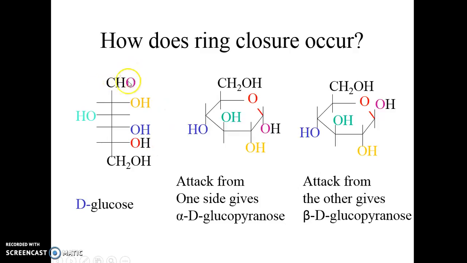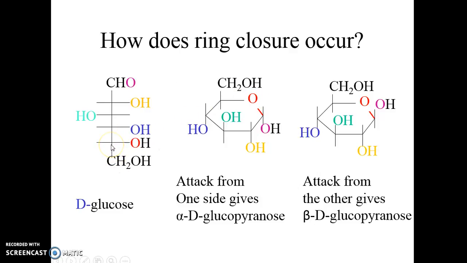So if I take this and bring this carbon down and that carbon up, you can see that would put the yellow hydroxyl down, the green one up, and the blue one down. And then this oxygen, the chiral, the D/L oxygen, that's in the ring.